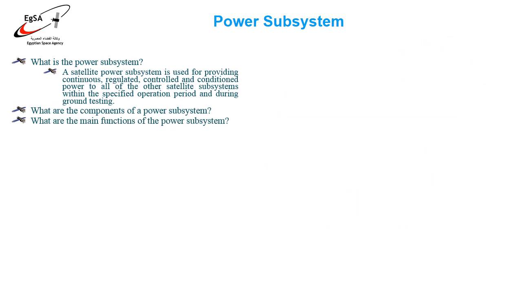What are the main functions of a power subsystem? A satellite electrical power subsystem is dedicated to power generation and control, energy storage, and power distribution.